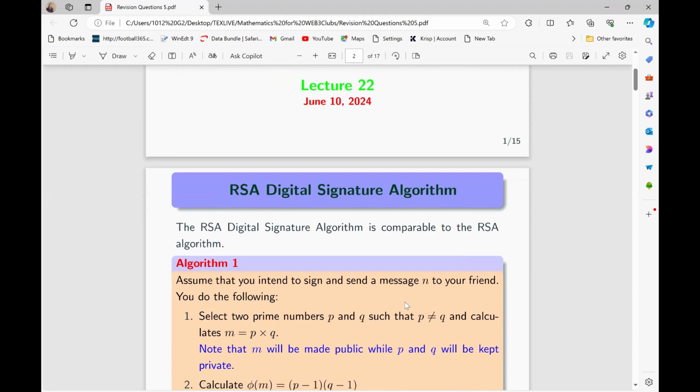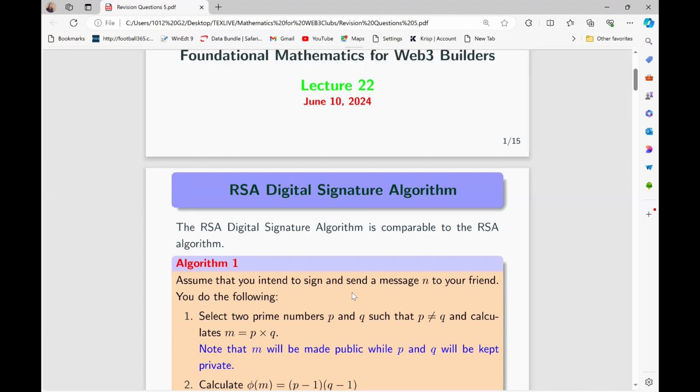Now, I want to begin by assuming that you want to sign some document. The digital signatures are meant to ensure that after the document has been signed, it can be verified that that document was indeed signed by the person who claims to have signed it.